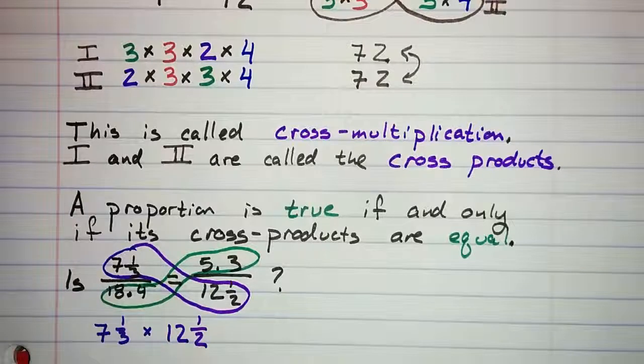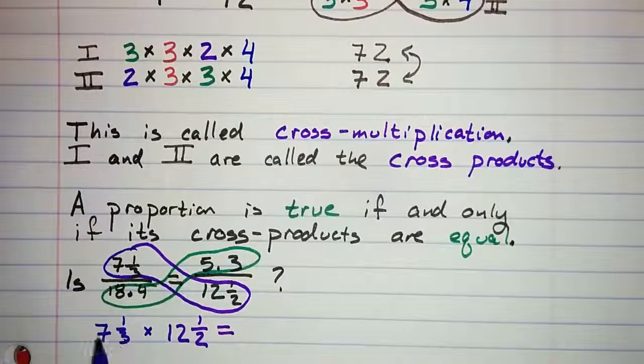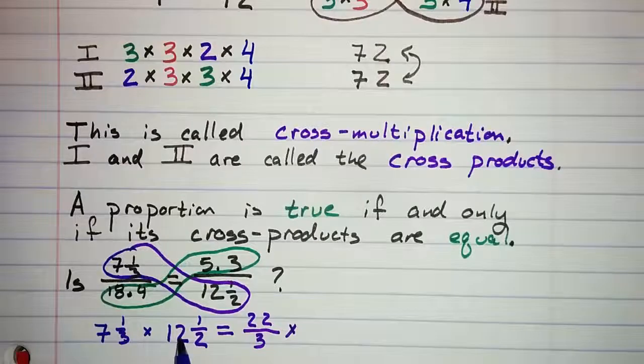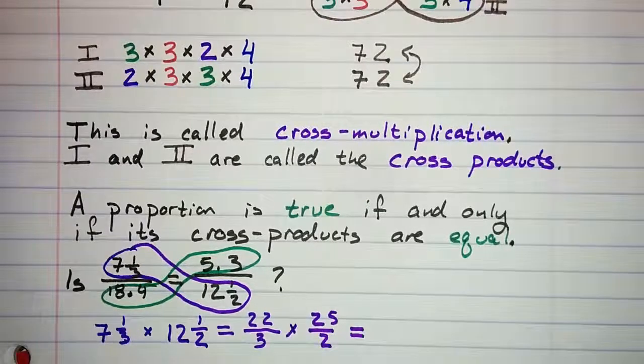In order to multiply these, we need to write them as improper fractions. 7 times 3 is 21, plus 1 is 22. 2 times 12 is 24, plus 1 is 25. And now we'll multiply the numerators, multiply the denominators, cancel any common factors we find.